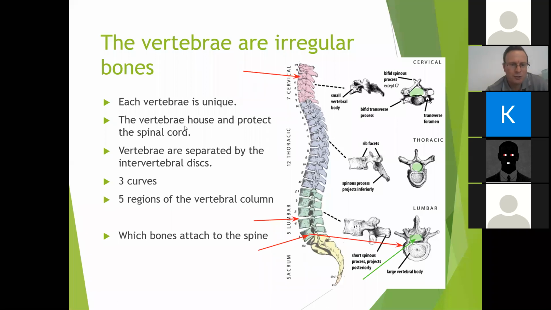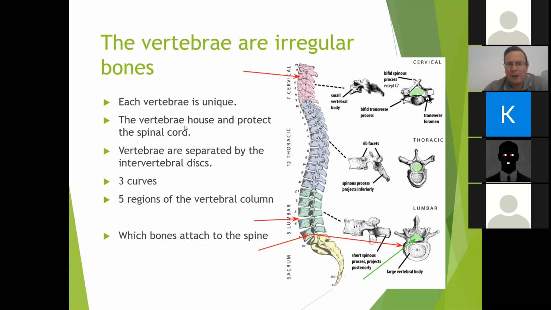Okay, so what you should see is that the space in the middle is where your spinal cord runs. The spinal cord attaches to the base of your brain, and it runs all the way down your vertebral column. So the whole vertebral column is really a way of protecting the spinal cord and allowing it to also communicate with the muscles and the organs of our body. So vertebrae are irregular, each vertebra is unique.